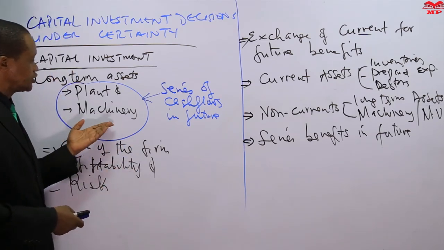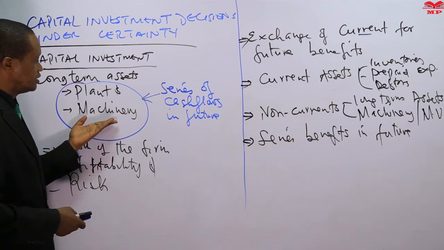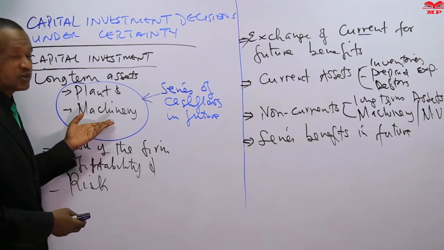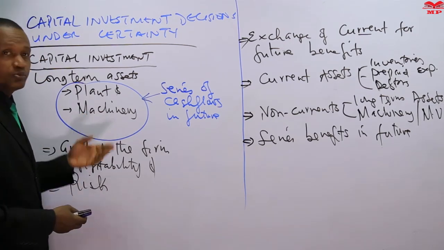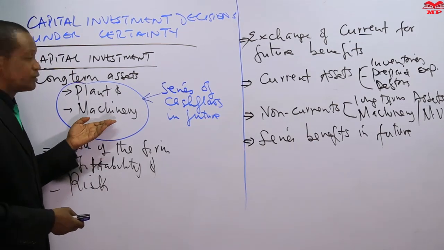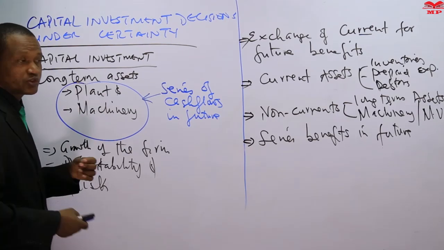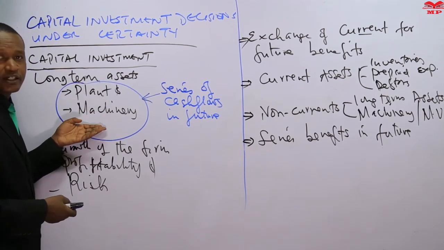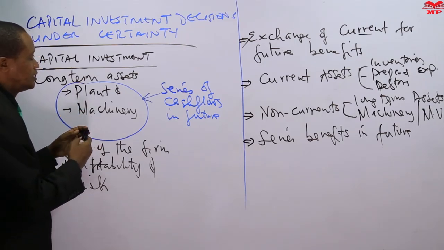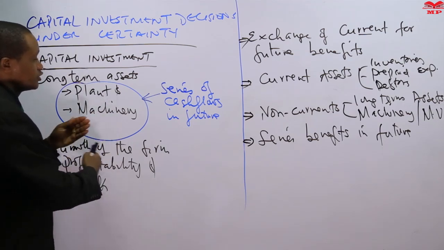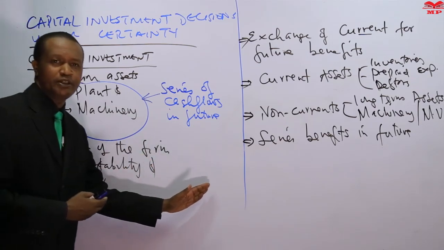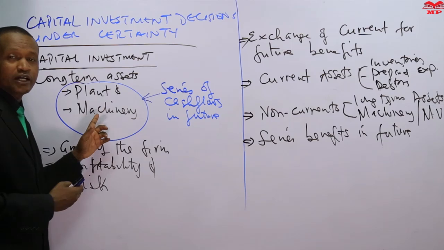For instance, machinery. The finance manager may require technical information on which to base his decisions as far as the operations of the plant is concerned. So the plant manager is supposed to relay information on the capacity of the plant, the production capacity of the plant, because returns or cash flows are dependent on production capacity.